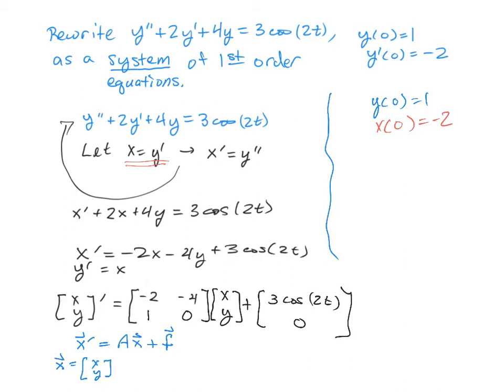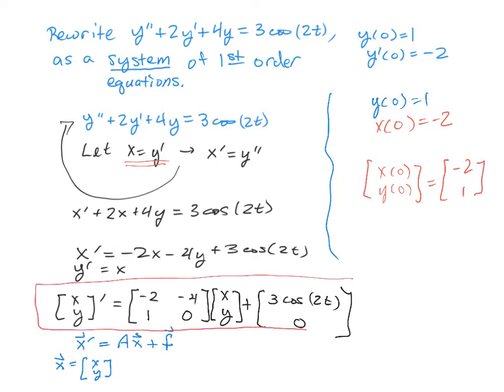So as the initial condition, we would write that x of 0 and y of 0 in vector form is equal to negative 2 and 1. So again, we have our matrix equation down here, and we have our initial condition expressed as a matrix over here. And we've expressed our second order equation as a system of two first order equations.